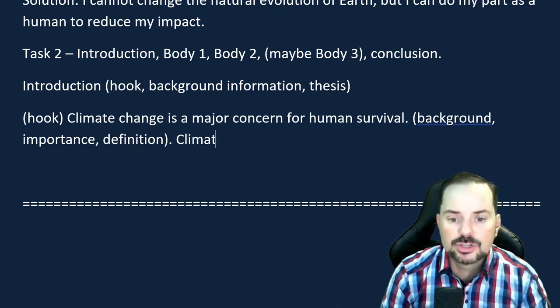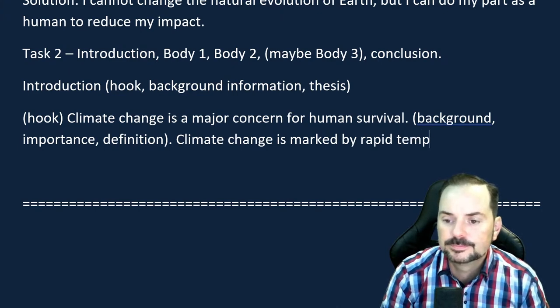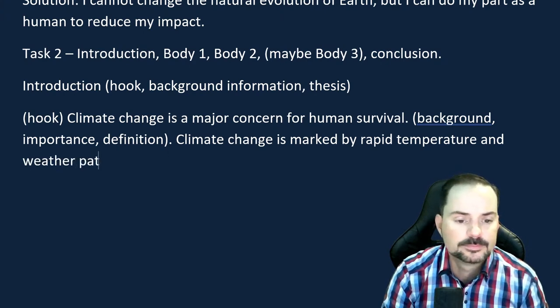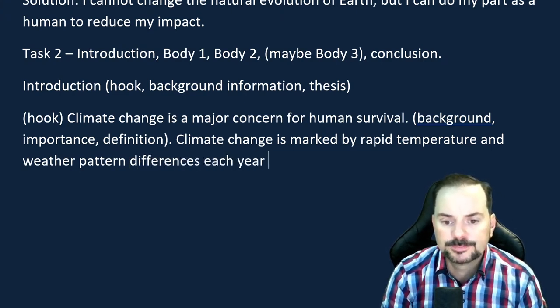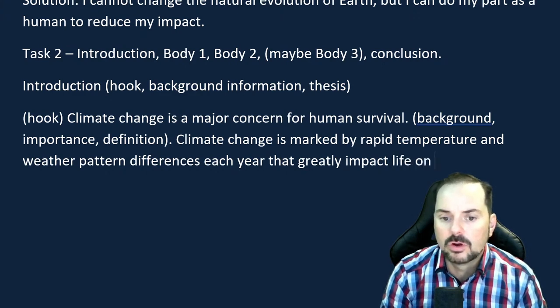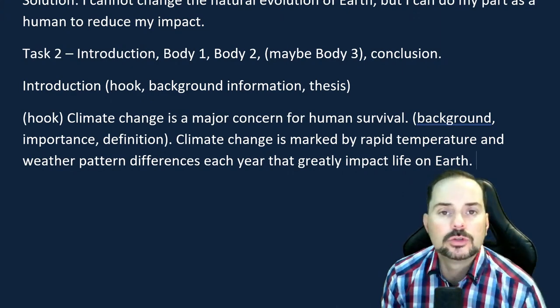So climate change is marked by rapid temperature and weather pattern differences each year that greatly impact life on Earth. Okay, so that's what I'm going to do for my definition.